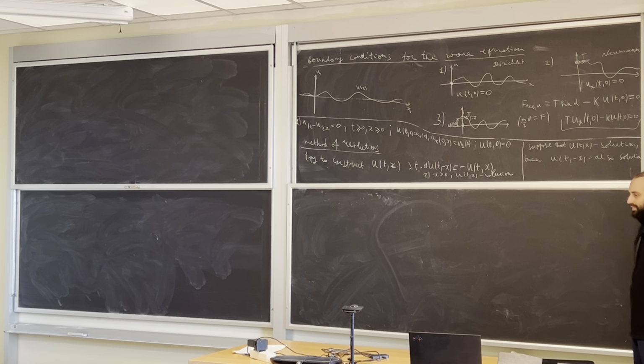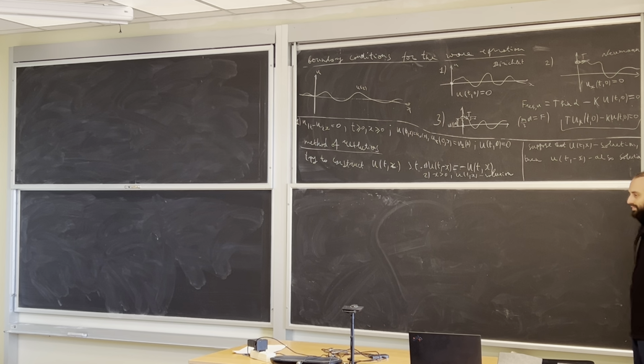Yes, I understand. So if we compute d2 over dx squared of u of t and x, it is the same as d2 over d minus x squared of u of t and x.